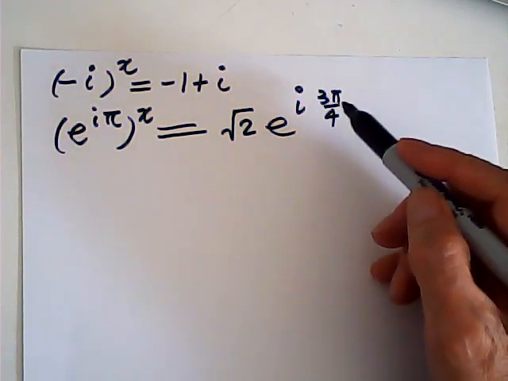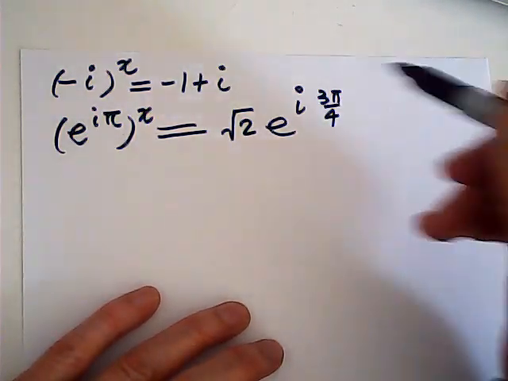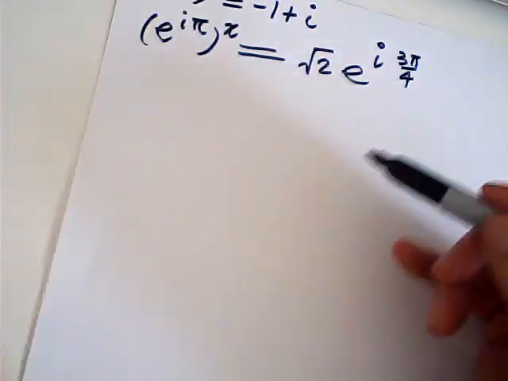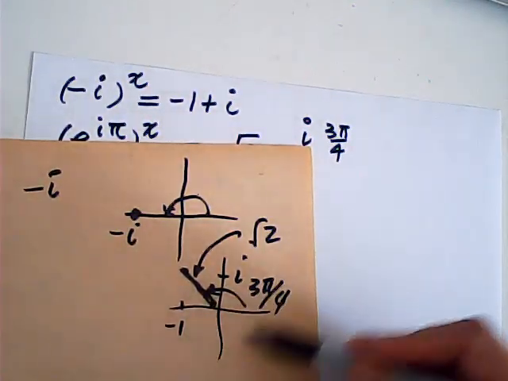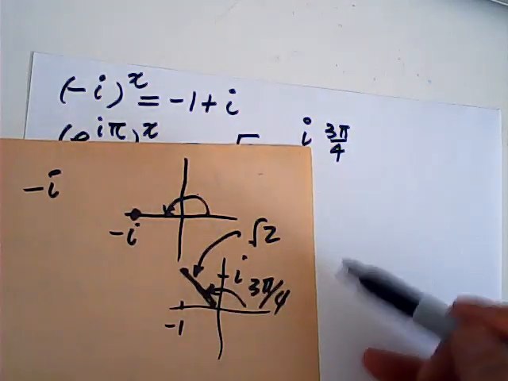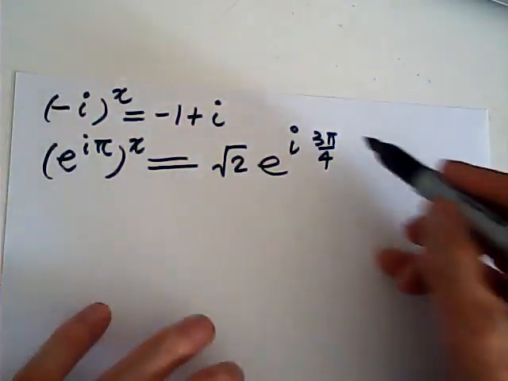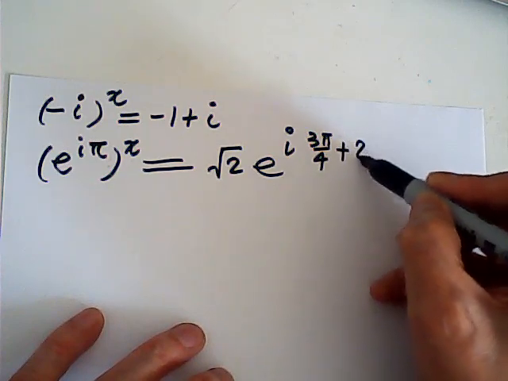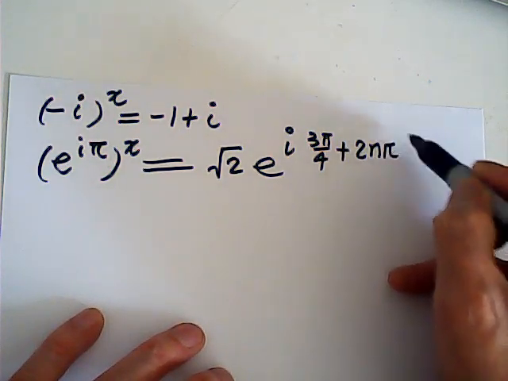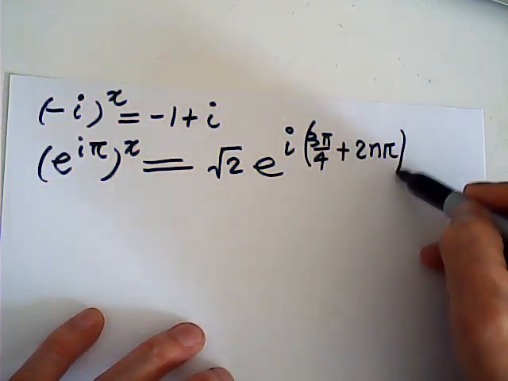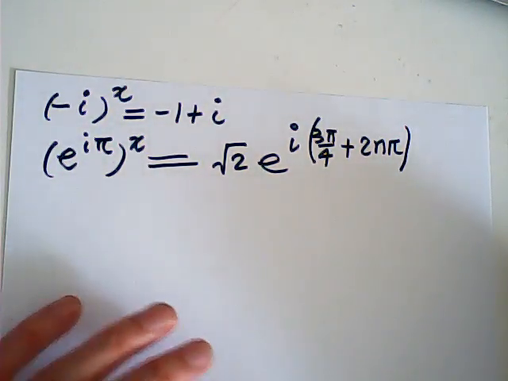Since the angle could be plus 2 pi or minus 2 pi, you know, the period is 2 pi, therefore we can have plus 2n pi. That will be the argument, and n is an integer.